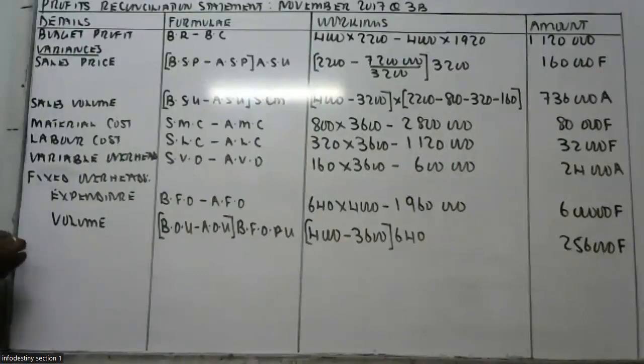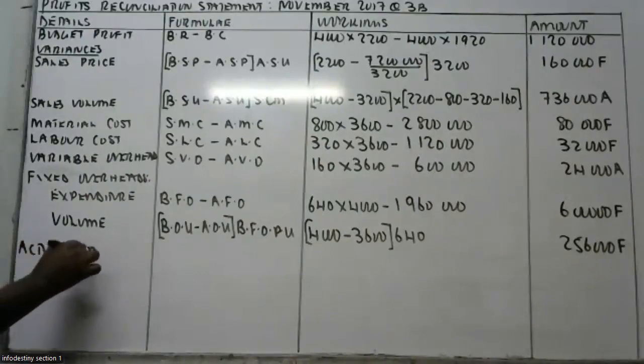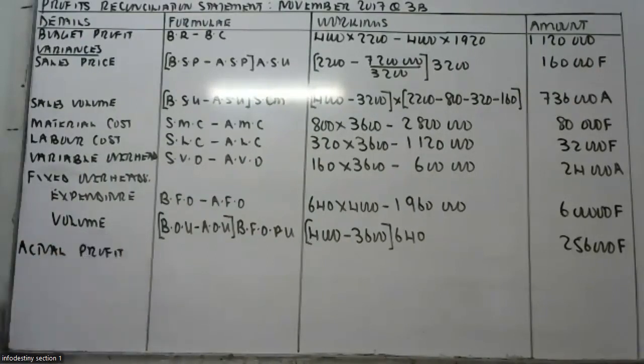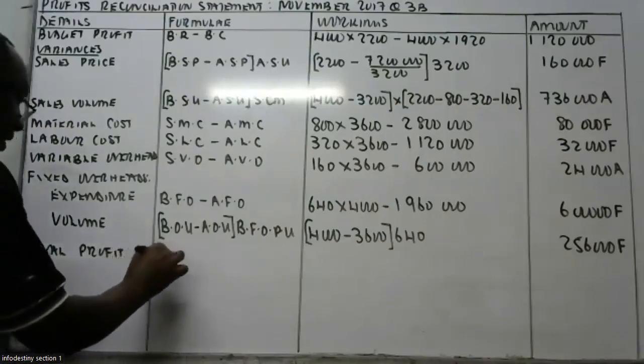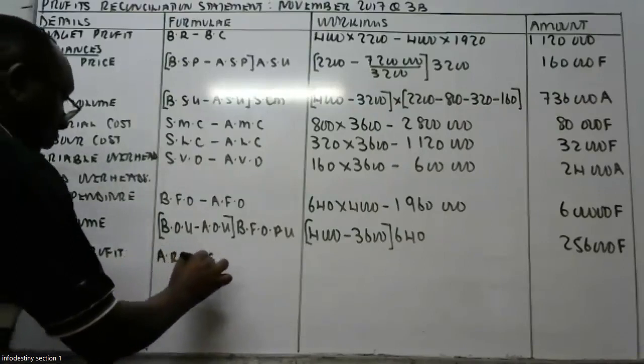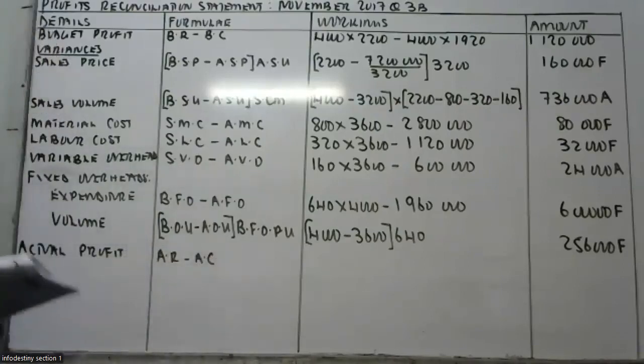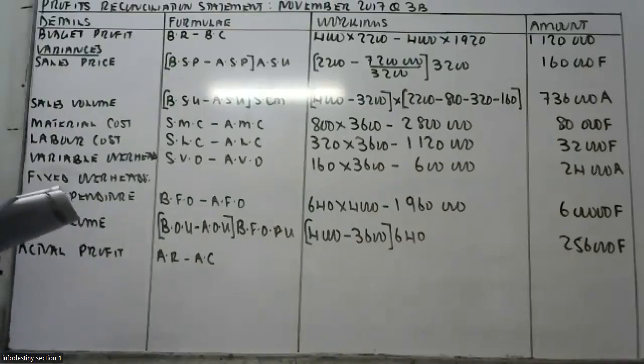And then finally, you come and get the actual profit. The actual profit is given as actual revenue minus actual costs.